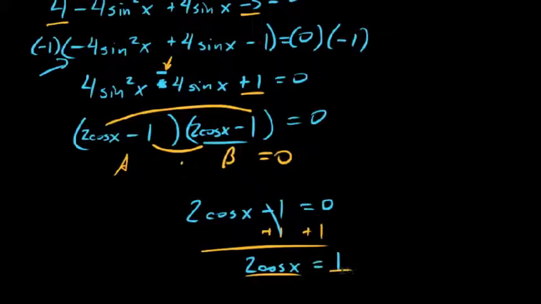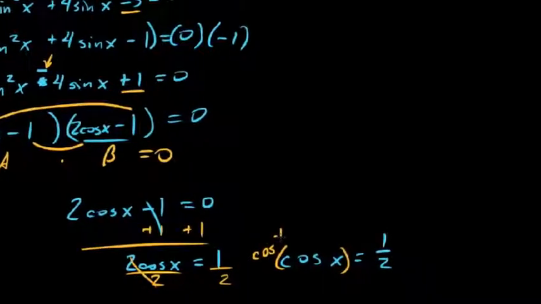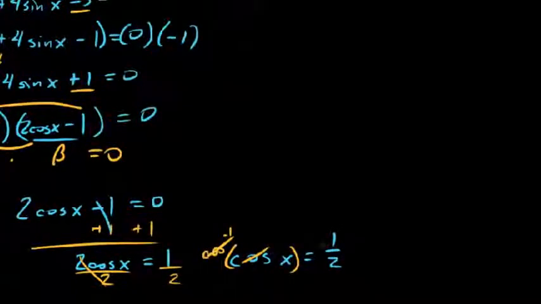And then dividing both sides by 2, we get sine of x is equal to a half. So taking the inverse sine of both sides, x equals the inverse sine of a half.